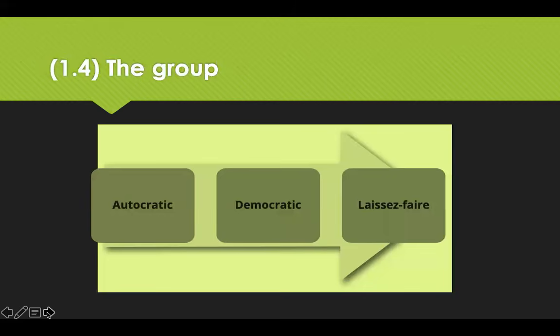Now, Lewin developed theories relating to group behaviour, and he proposed that group processes were subject to several influences that shaped organisational behaviour. So you've got the interdependence of fate, task interdependence, the impact of group structures as a result of different styles of leadership and individual behaviour, and he identified 3 leadership models.